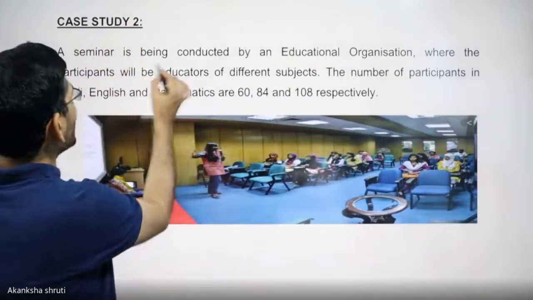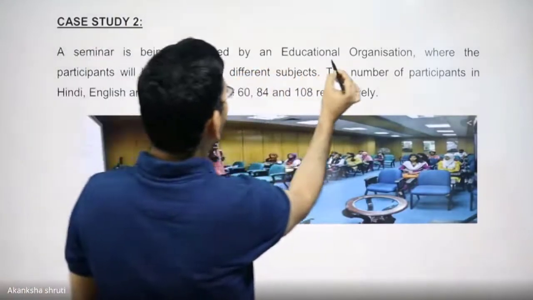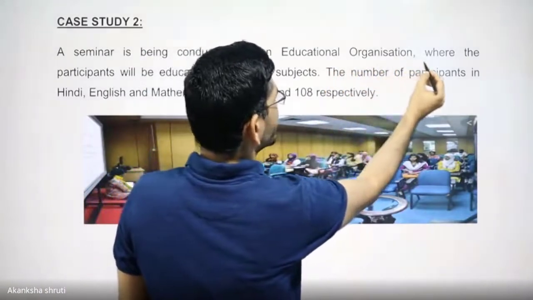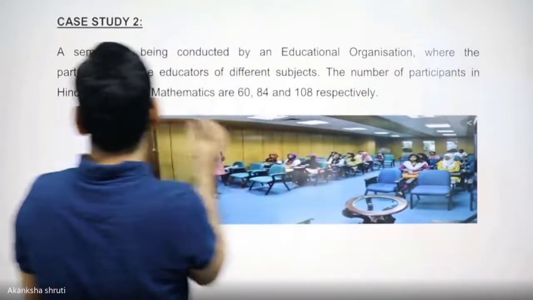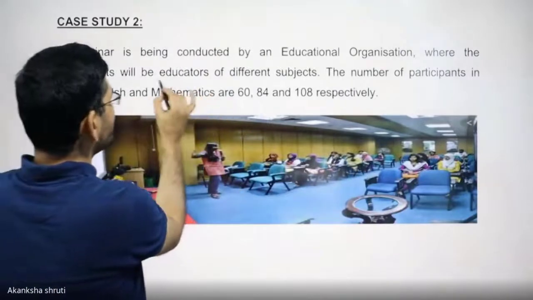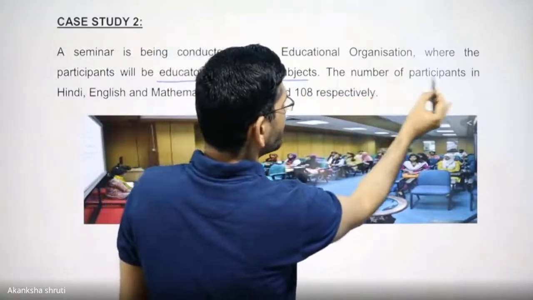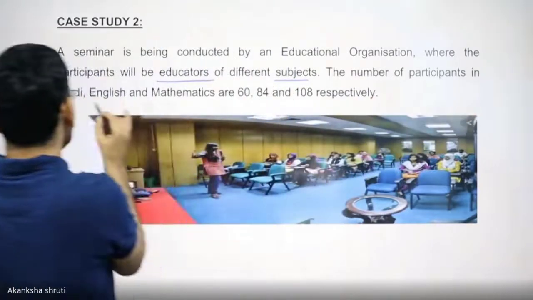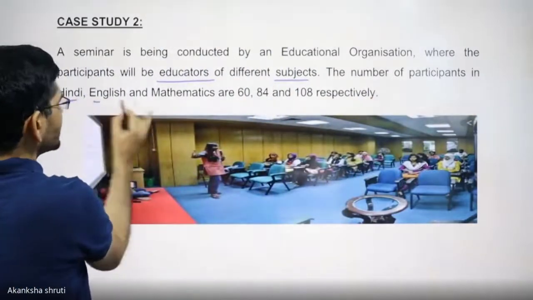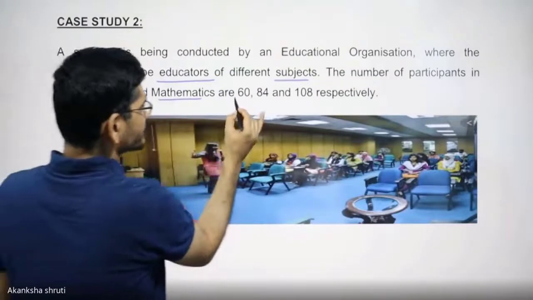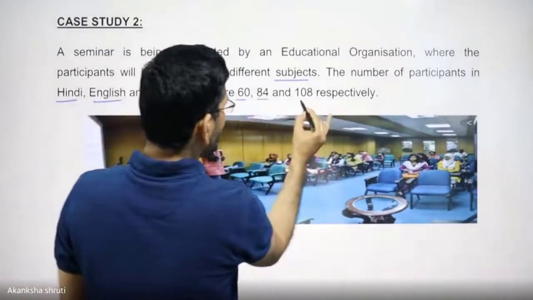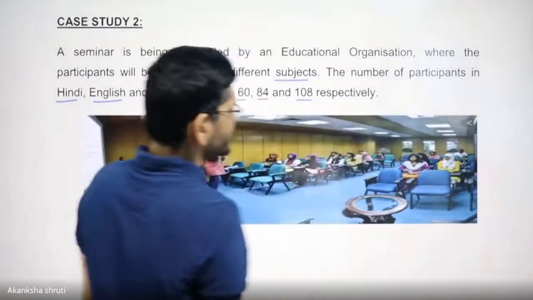Let us come to case study 2 of chapter 1. A seminar is being conducted by an educational organization where the participants will be educated in different subjects. The number of participants in Hindi, English and mathematics are 60, 84, 108 respectively.